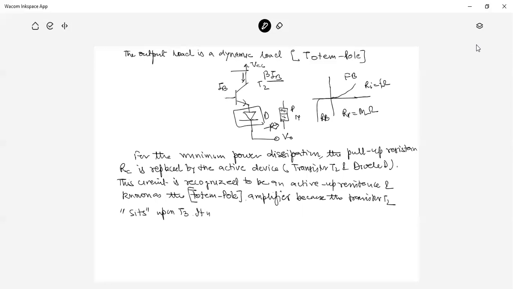It is also referred to as a power driver or power buffer output stage.